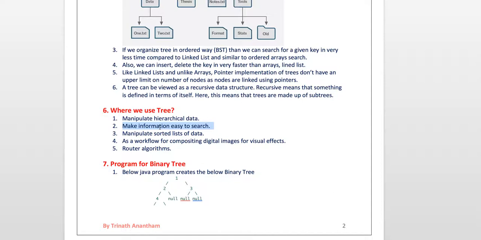You can find it very easily and manipulate the sorted list of data. If the data is sorted, you can easily insert and delete. If it is not sorted, it is somewhat difficult to find the element, but if it is sorted, it is easy to find, delete or insert.